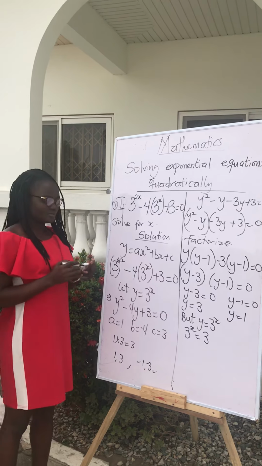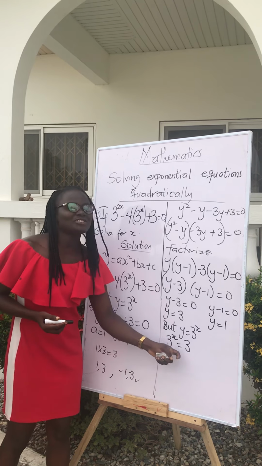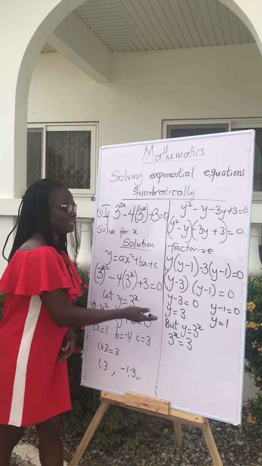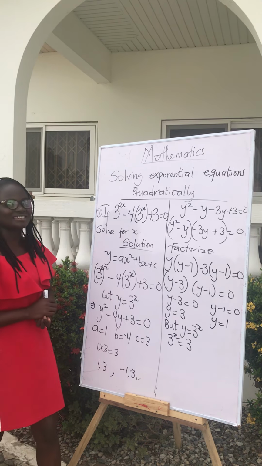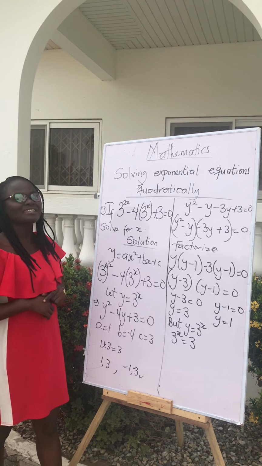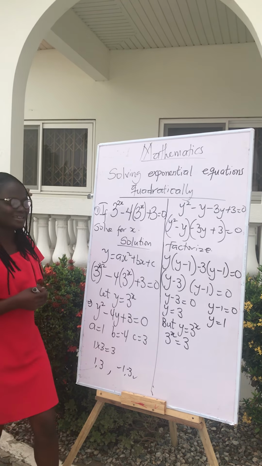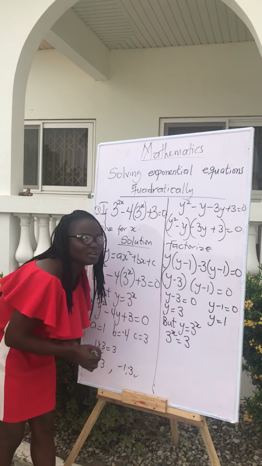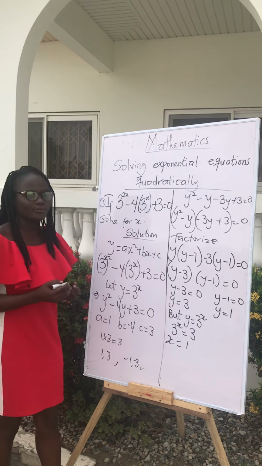Good. Now, when you have the bases to be equal, you now equate the exponents. I said it in our previous lesson that any constant number is to the exponent of 1, but we don't write it. It's a silent 1. So equating the exponents, we are going to get x equals 1.